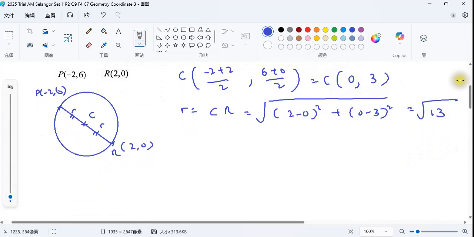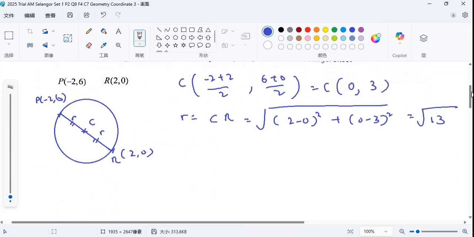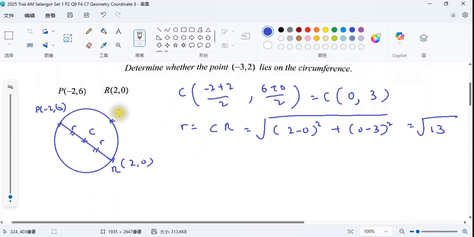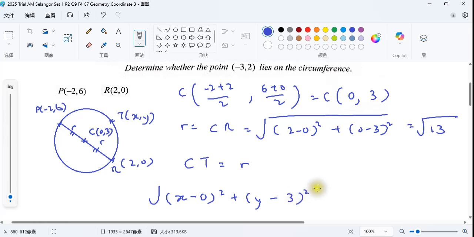So T is the moving point. T is x, y, and can be any point on the circumference. So we have CT equal to the radius. Then we will have the square root of x minus 0 squared plus y minus 3 squared equal to square root of 13.